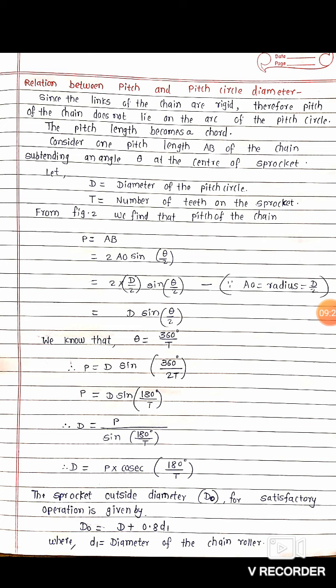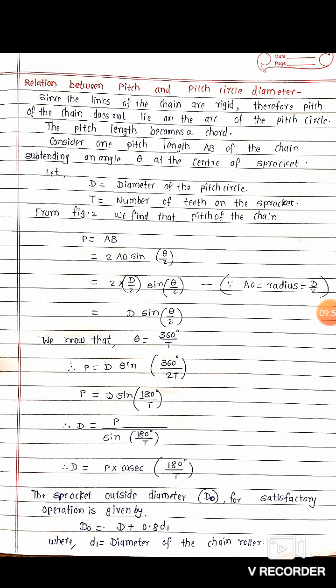So 2 into D by 2 into sine of theta by 2, this 2 gets cancelled, therefore D into sine theta by 2. We know that to calculate the angle theta, the total angle of the circle, 360 degrees, is divided by the number of teeth on the sprocket, that is T. We substitute this in place of theta.